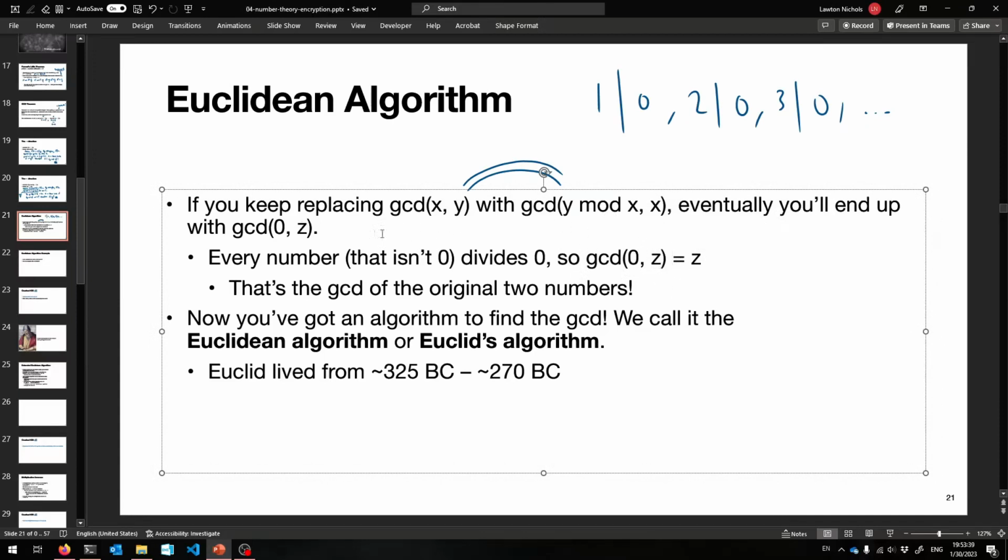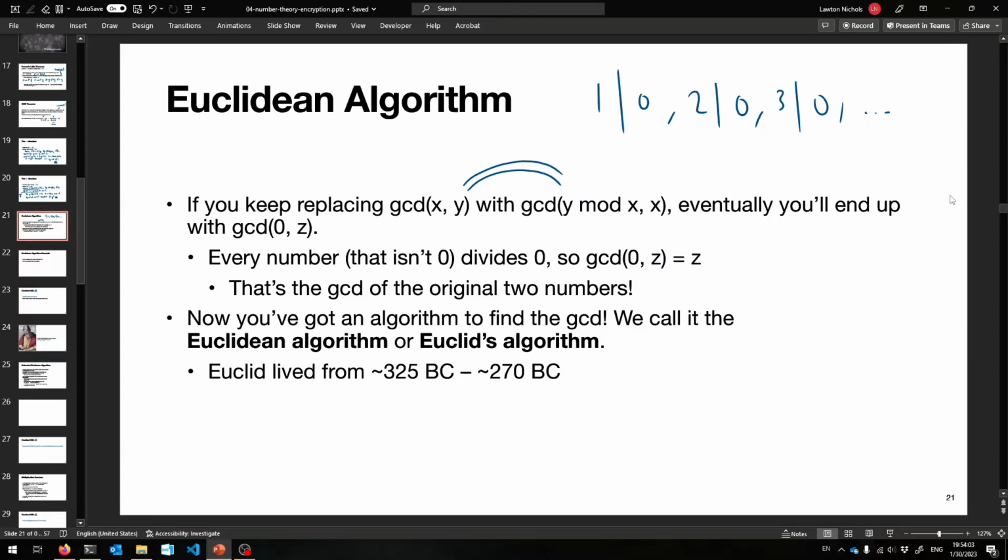And so eventually this is going to stop. Eventually it'll become GCD of 0 and some number, and 0 is divisible by everything, it has every divisor. So the greatest common divisor of 0 and that second number is that second number, because that's the one that stops before infinity. It only has a finite number of divisors.